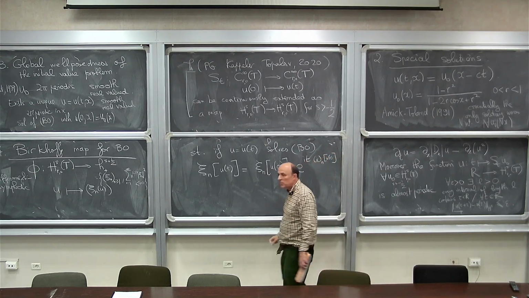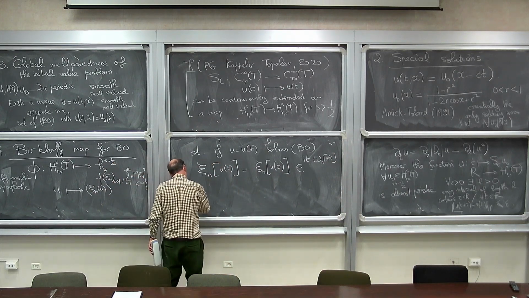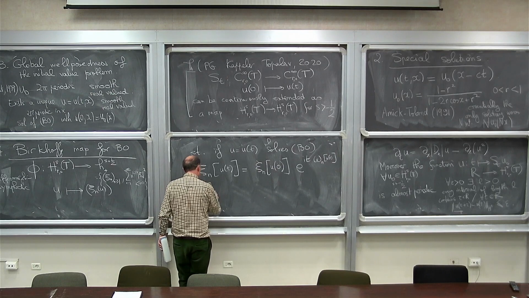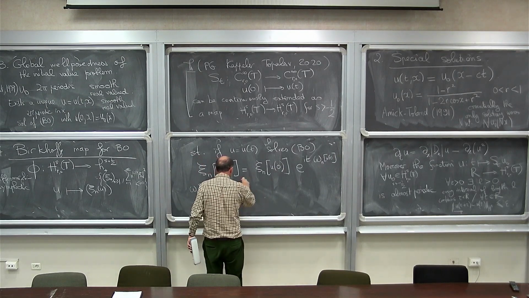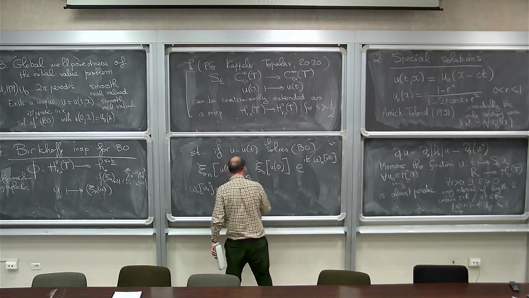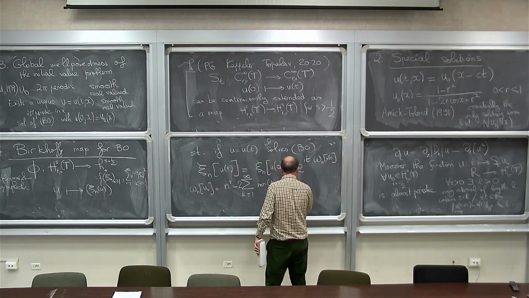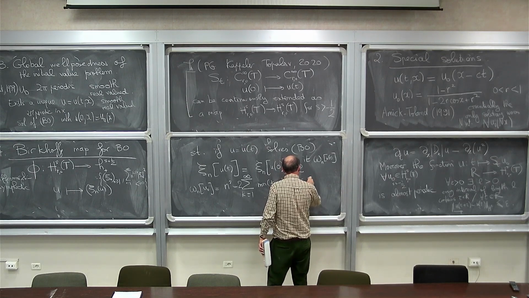And omega n is completely explicit in terms of the Cn's. Omega n of u0 will be n squared minus 2 times the sum from k equals 1 to infinity of the minimum of k and n, times |ck of u0| squared.